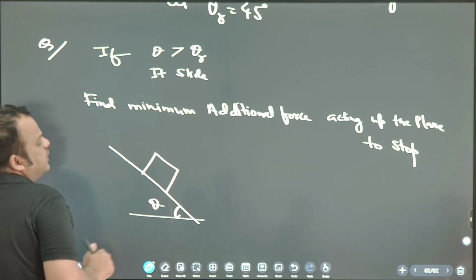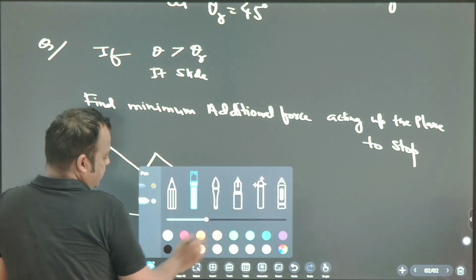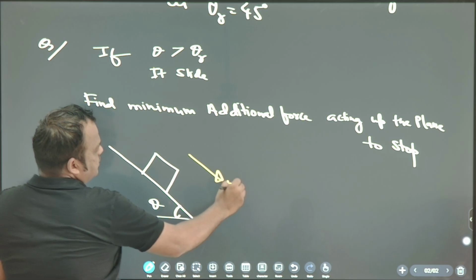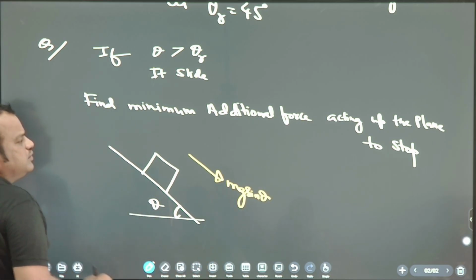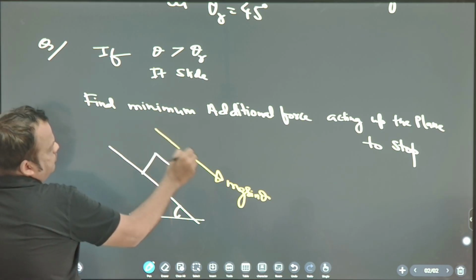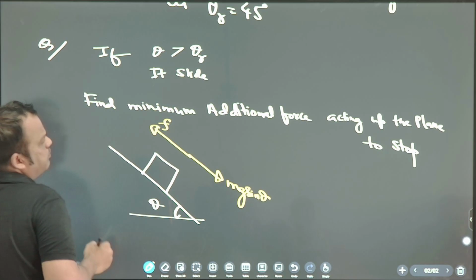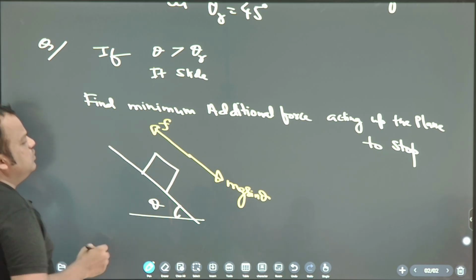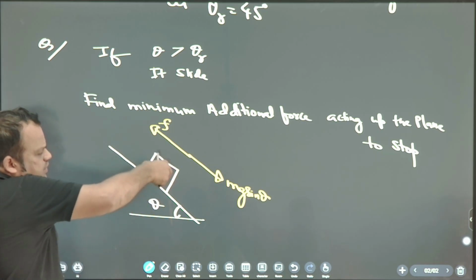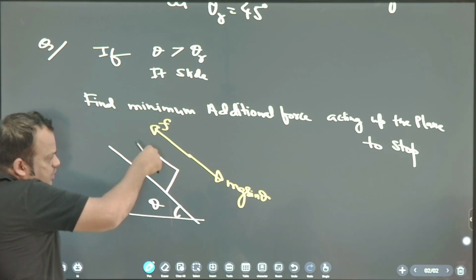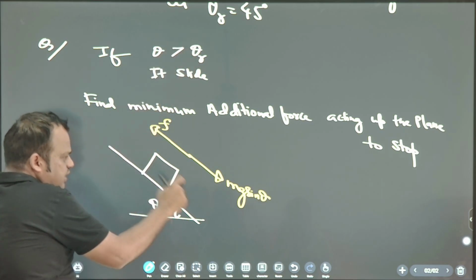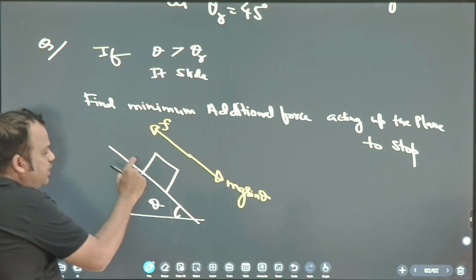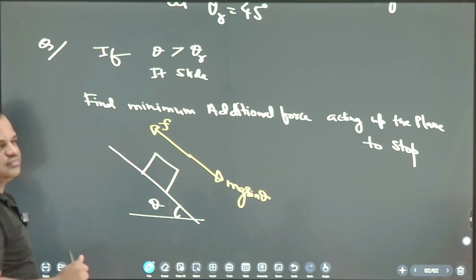Now the angle is theta. So mg sin theta is acting down. Friction is acting up. If I release it, it is sliding, because the angle is more than the repose angle. But I want to keep it at rest.